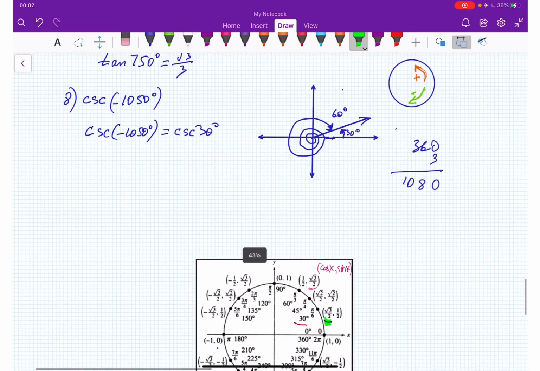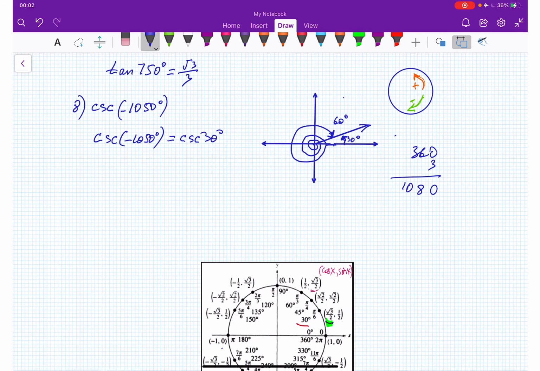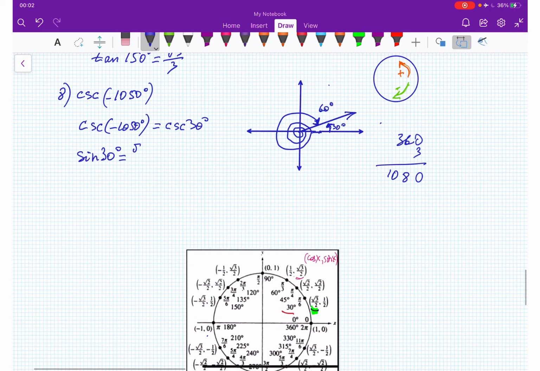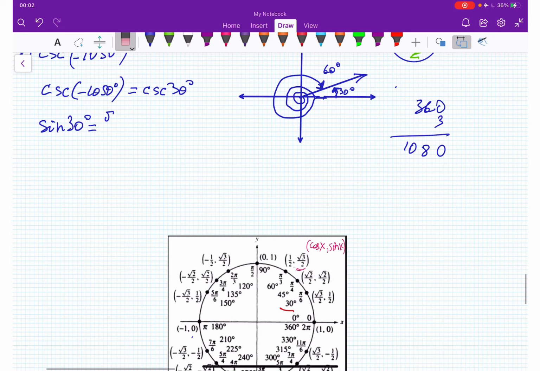Which means if sine 30 degrees is square root 3. No, I'm sorry. That's cosine. I'm very sorry. Cosine 30 degrees is square root 3 over 2. First comes cosine, second comes sine. Okay. Sine is 1/2.